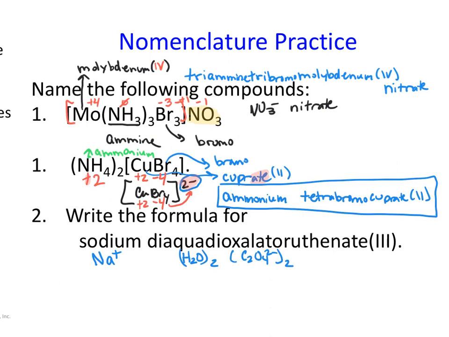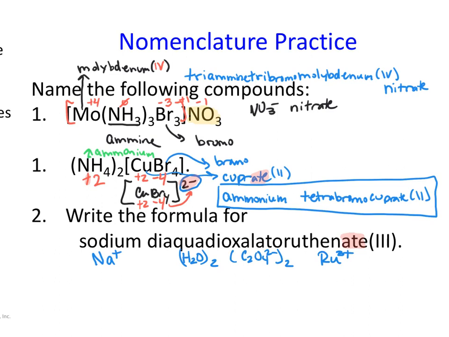Ruthenate, well, ruthenium is Ru, and we're told it's 3 plus. The reason we're ending in ate is because we have a complex anion followed by a counter cation.